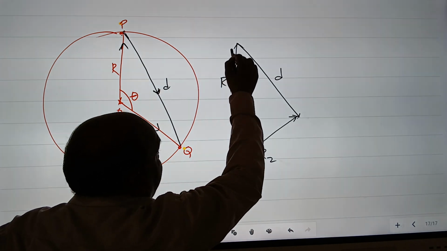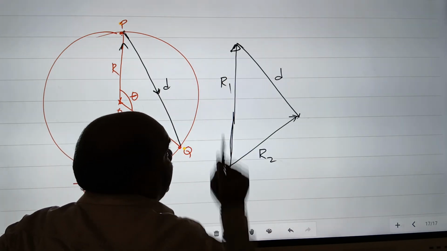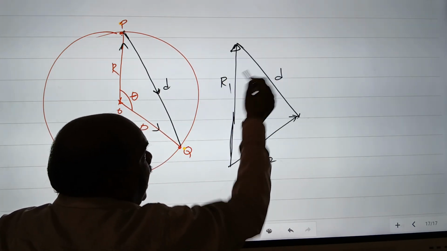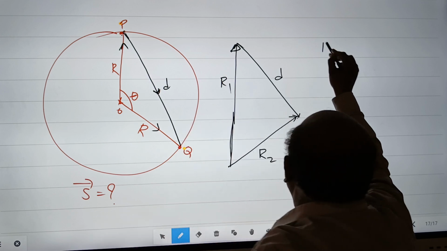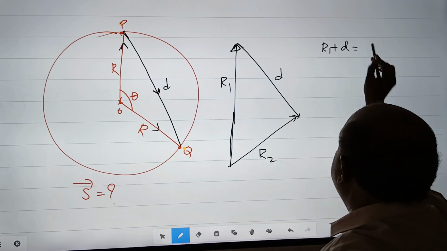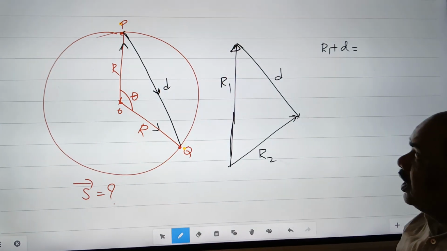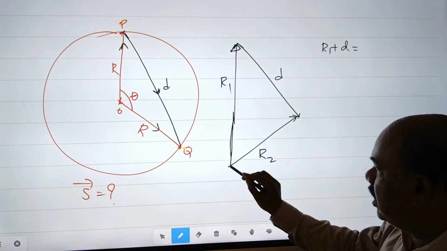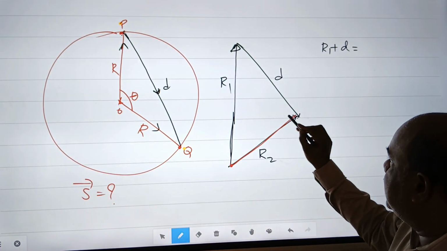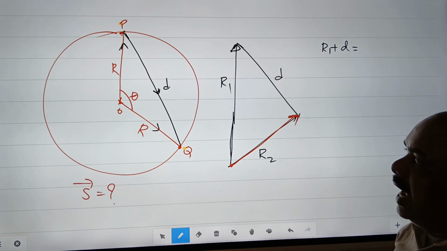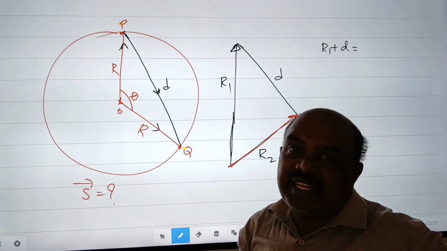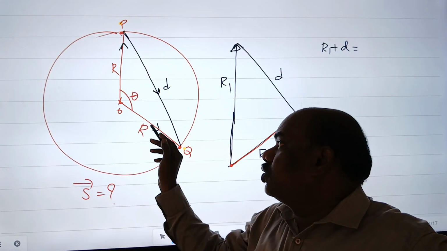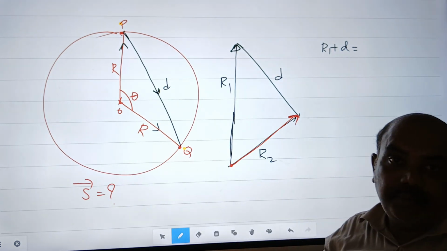The first vector head must be added to the second vector tail. These two can be added. That means you can write R1 plus D is equal to the resultant. If you add these two vectors, the resultant must be from the first vector tail to the second vector head. This is called the resultant. Actually, this is a special case, beta. If you add these two, you are getting the resultant D.